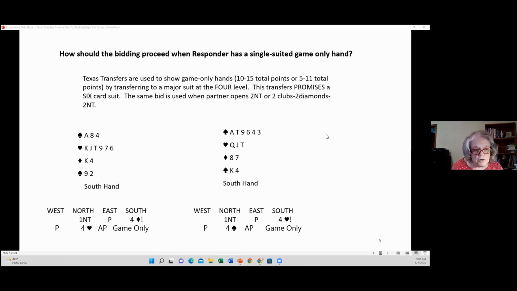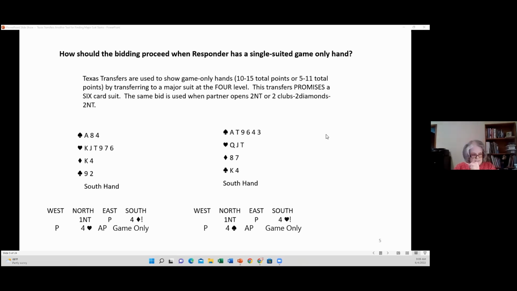Now, if you and your partner have agreed that your first choice of a place to play is no trump, then that changes everything. But for most of us, our first choice is the 8-card major suit fit. These slams are safer, not only because you can ruff, but if you're counting on your suit to break for a no trump contract and it doesn't, then you're really in trouble.